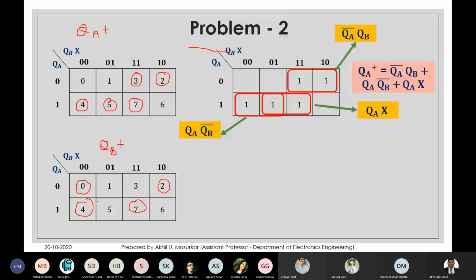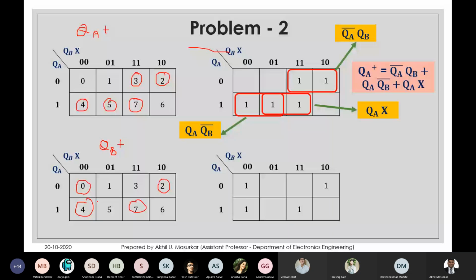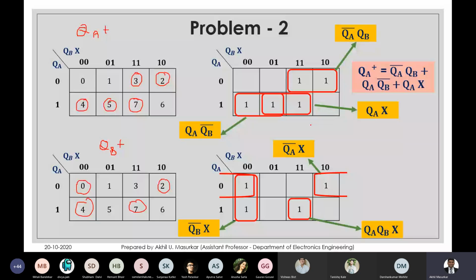Let's check that. That is right. So that will give me one pair, a second pair, and one isolated term. So here we have QB bar X bar.